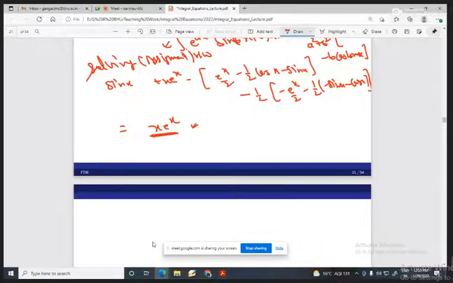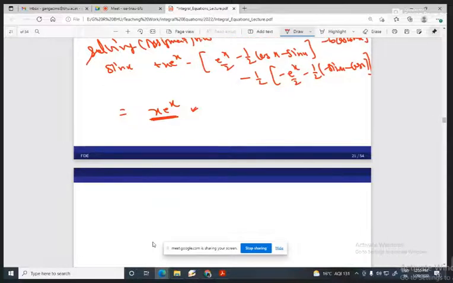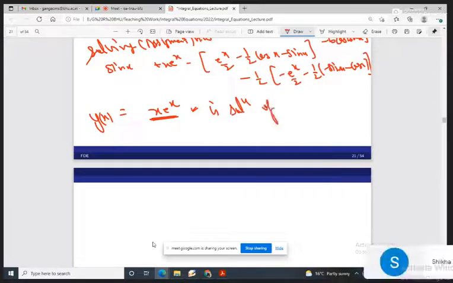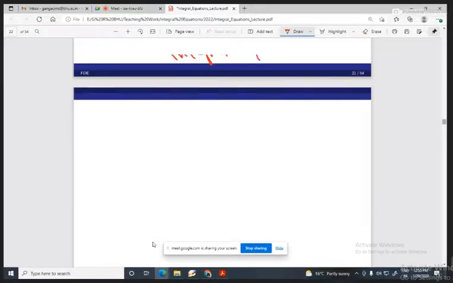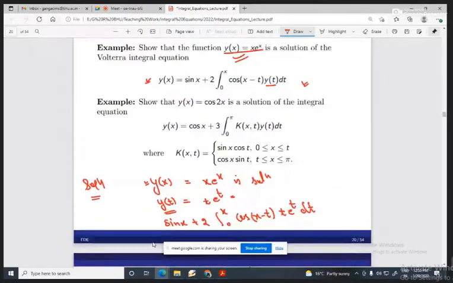So it means that y = x e^x is a solution of the given integral equation. Is it clear?